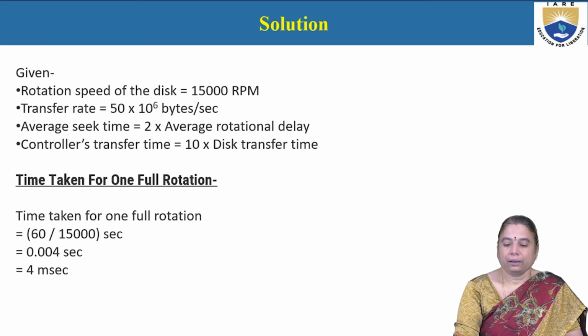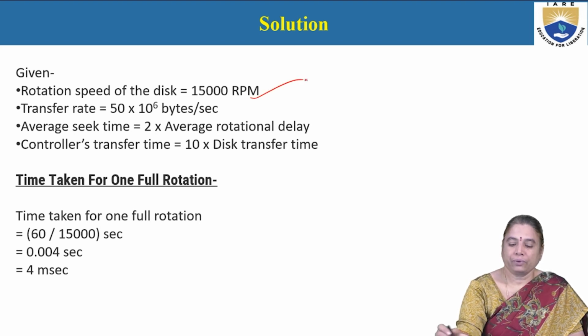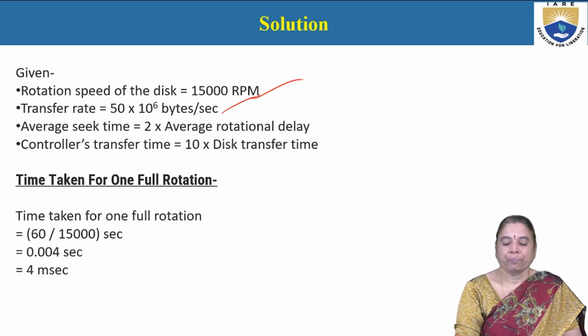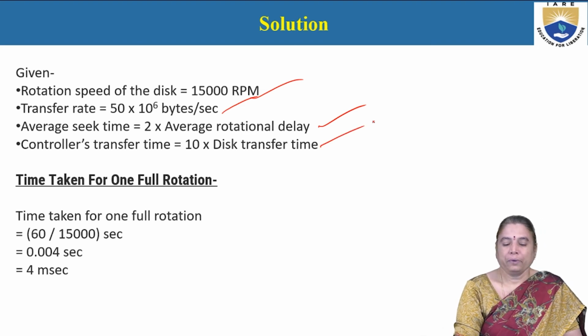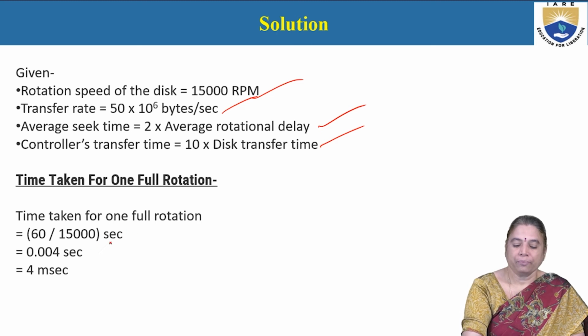So here in the problem, the parameters that are given is rotational speed of the disk is 15,000 rpm, transfer rate is 50 into 10 power 6 bytes per second, average seek time is 2 into average rotational delay, controller's transfer time is 10 into disk transfer time. Time taken for one full rotation is 60 by 15,000 seconds.